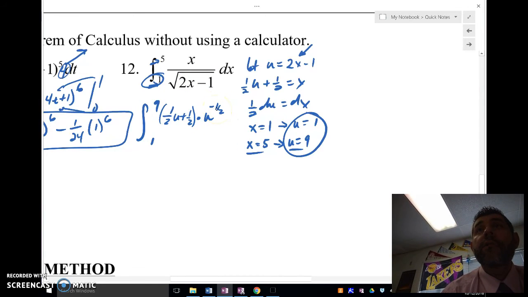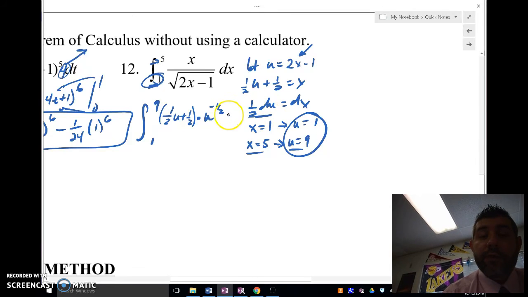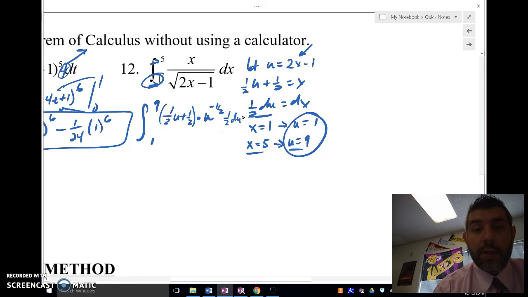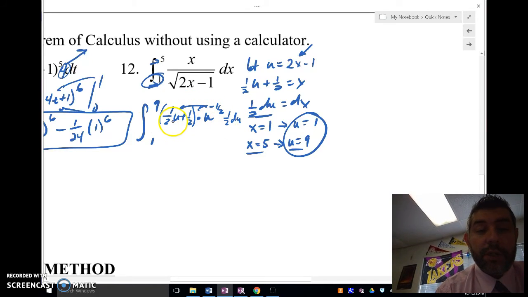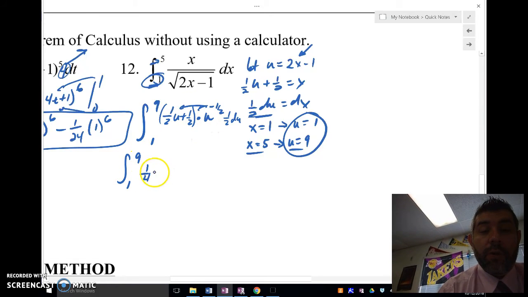U to the negative 1/2. Okay. And then I need my 1/2 du. So then I'm going to go ahead and multiply this guy inside, and the 1/2, sure, I could do the 1/2 inside too. So 1 to 9 of 1/4 u to the 1/2 plus 1/4 u to the negative 1/2.